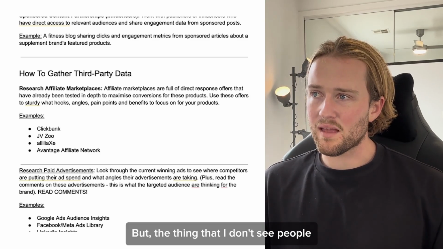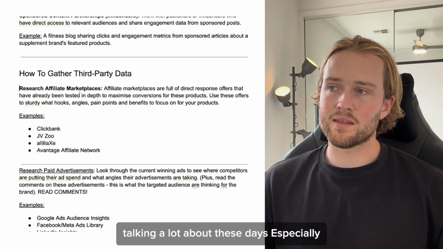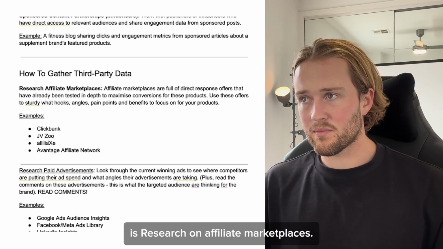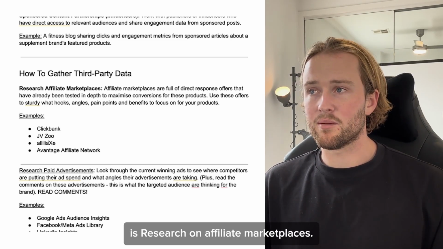But the thing that I don't see people talking a lot about these days, especially outside of the direct response realm, is research on affiliate marketplaces.